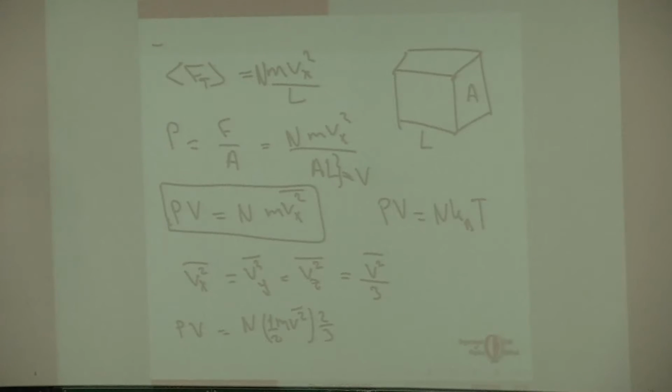You should have recognized this quantity: 1 over 2 m v squared is nothing but the kinetic energy of my gas molecules. So on one hand, we have seen that PV is N times 1 over 2 m v squared times 2 over 3.